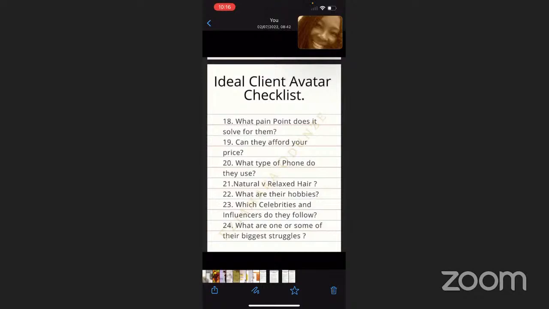Then number 19, can your ideal client afford your price? You also need to answer this very, very well, because the answer to this question will also help you know which of the Forever products you will be emphasizing. Like in Forever, if we talk about stamina, Aji can give stamina, and Aji is about 36,000 naira.